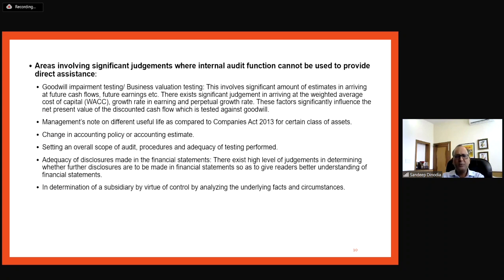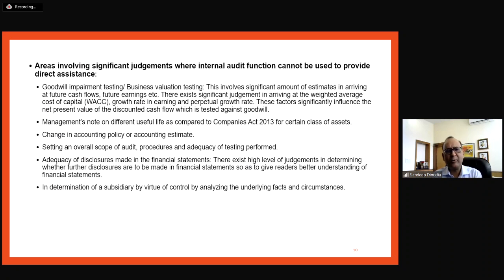The management's note on different useful life: in case the useful life of assets is different as compared to the Companies Act 2013, then management's opinion on the difference in useful life is an issue with the statutory auditor. The external auditor has to apply his mind and take a decision, and not rely on the internal auditor for this purpose.